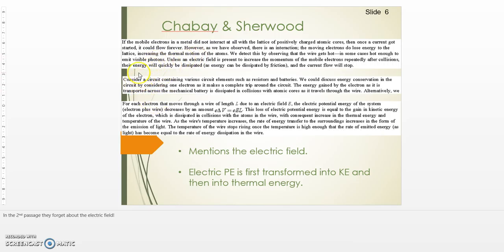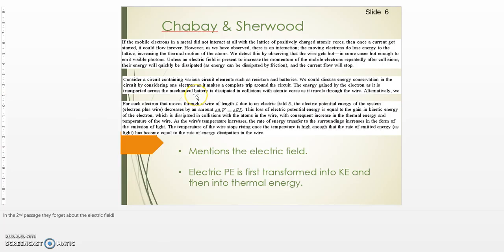Then on another page they say the following: we could discuss energy conservation by considering one electron as it makes a complete trip around the circuit. The energy gained by the electron as it is transported by the battery is dissipated in collisions as it travels around the wire.